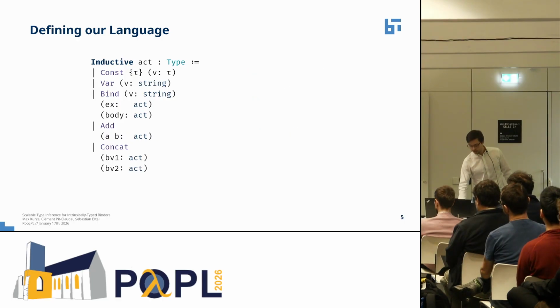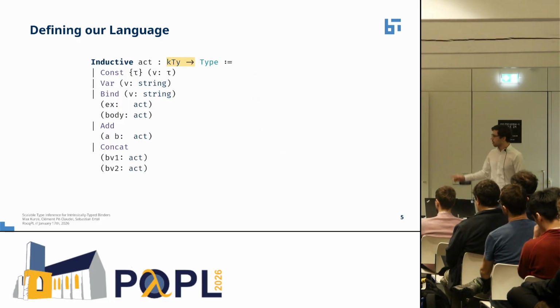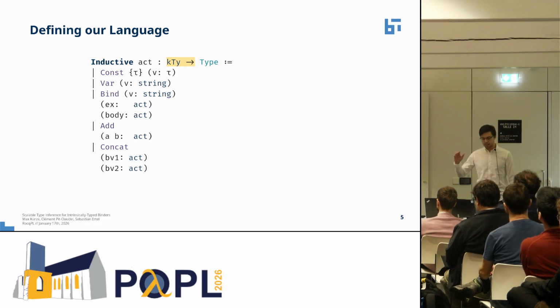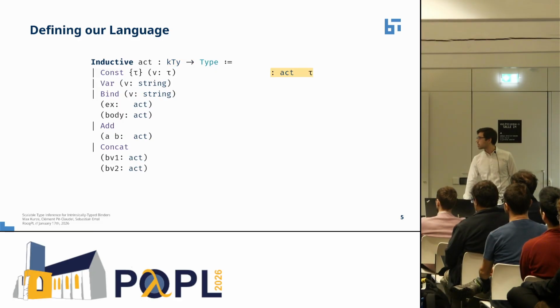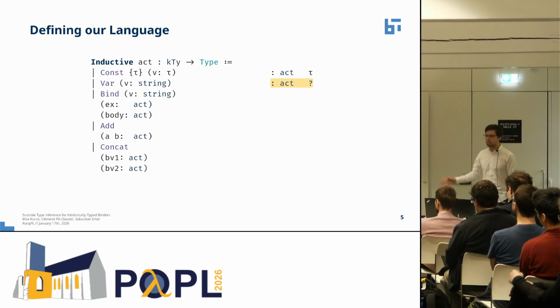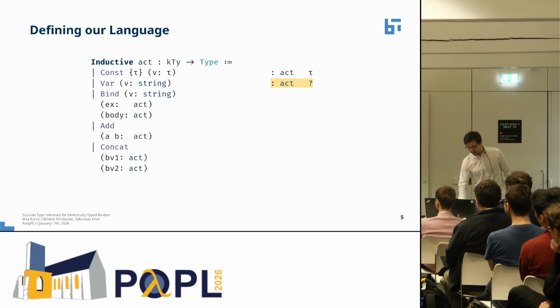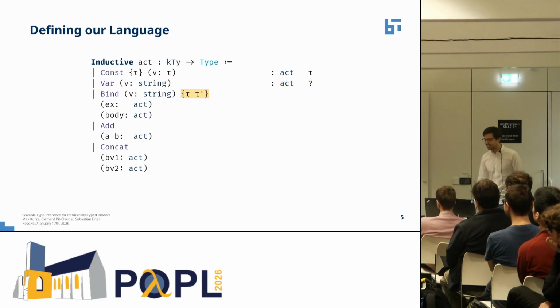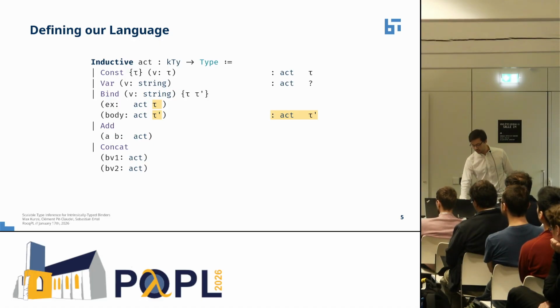So we're going to add a new type parameter here, and for each of our language constructs we define which type it returns. For the constants, that's just the type of the value. For the variable, we might ignore that for the moment. For the binder, we just forward the type of the body as the type of the whole construct.